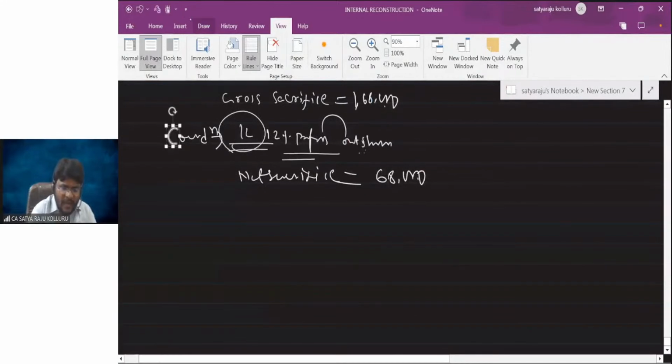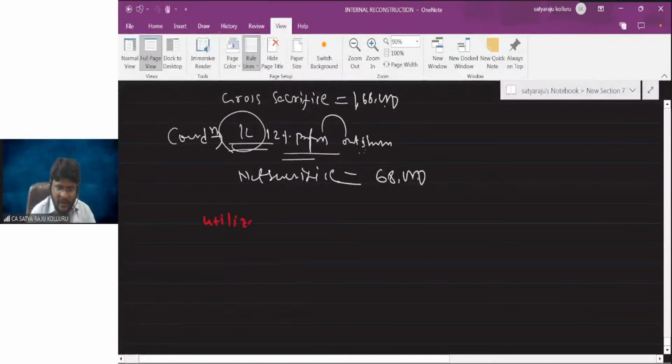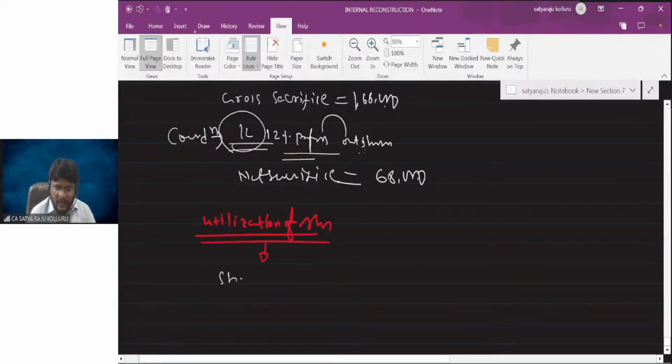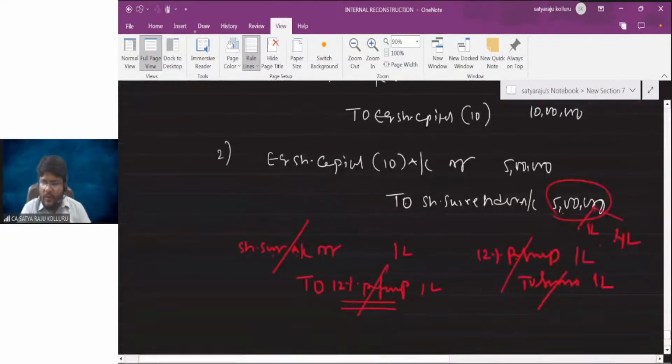Whenever you utilize share surrender, what is the journal entry? Utilization of share surrender, the entry is: share surrender account debit, to 12% preference share capital. Because in the share surrender to the extent of 1 lakh we have preference shares, for the remaining amount of 4 lakh we have equity shares.